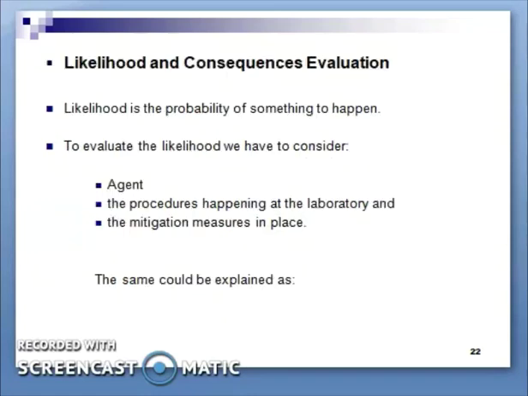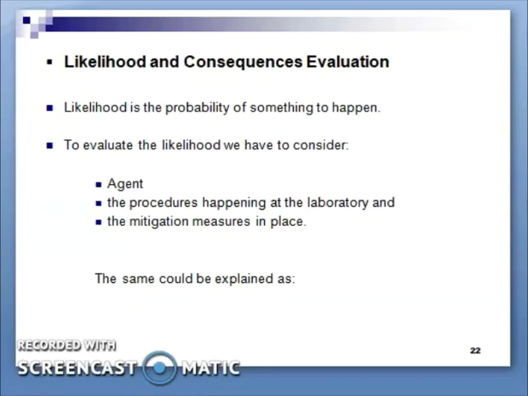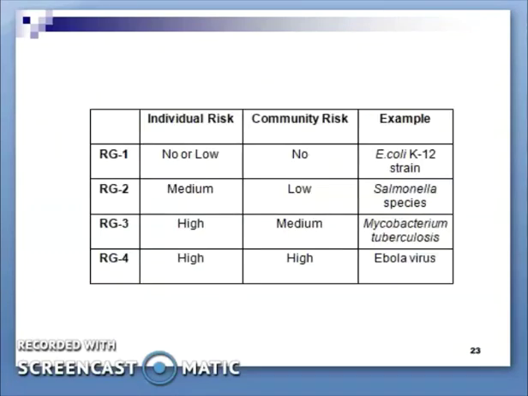To evaluate the likelihood, we have to consider the agent, the procedures happening at the lab, and mitigation or biosafety measures. It can be explained in the next slide, which I have for you. This is the risk group slide.